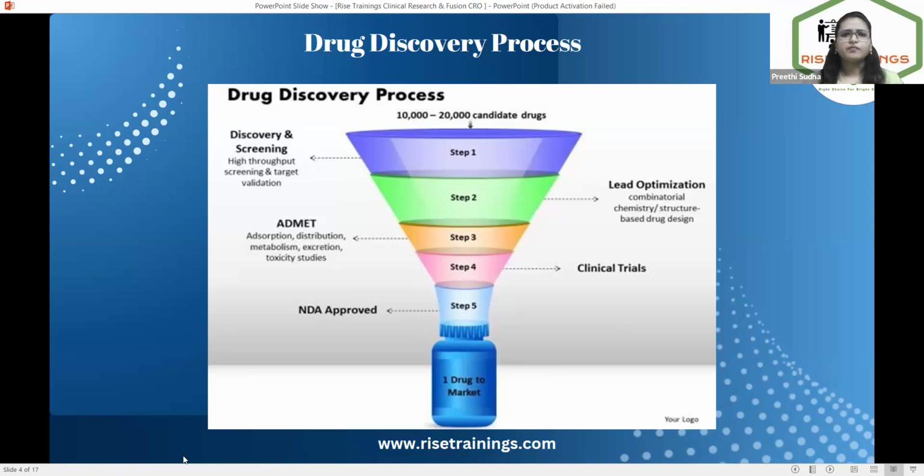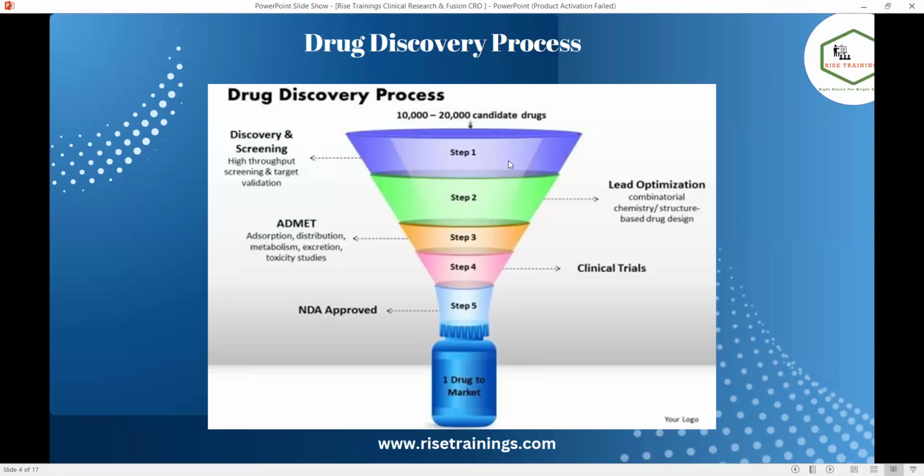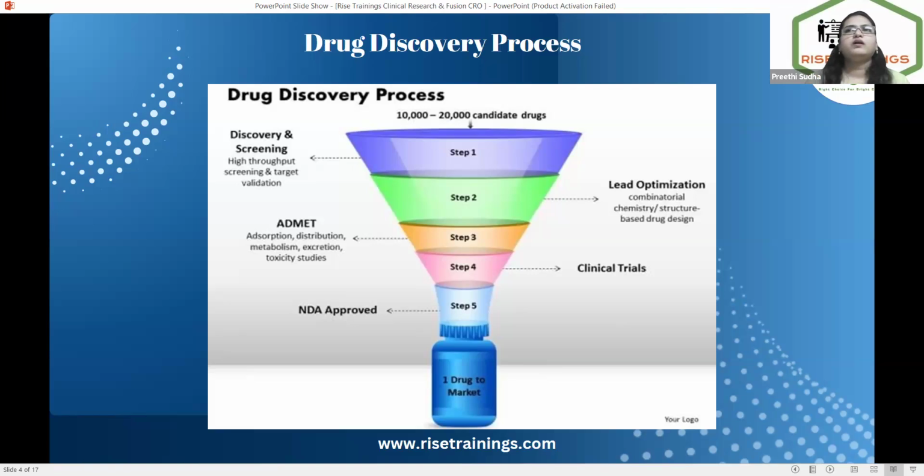If they want to find a medicine for any disease or disorder, they first take 10,000 to 20,000 candidate drugs and screen them. That is called drug discovery and screening, the first part of any drug discovery process.